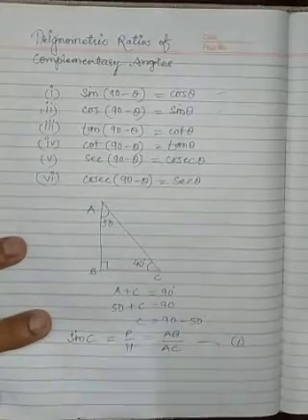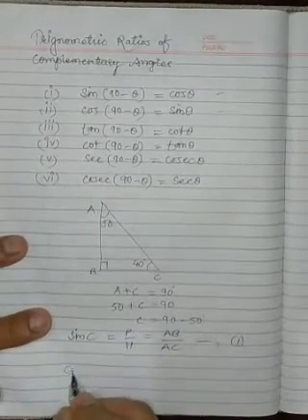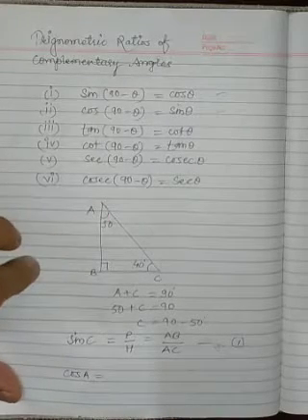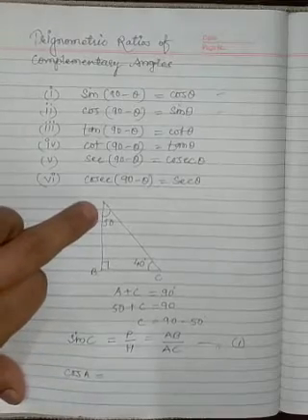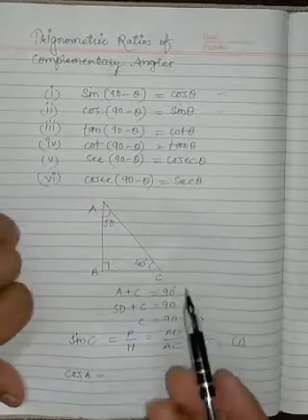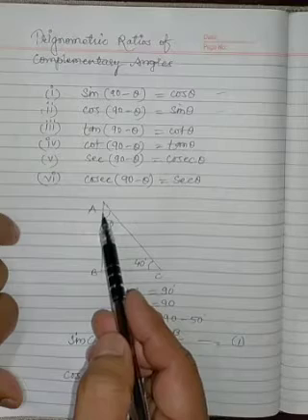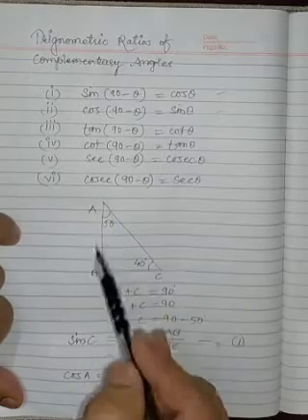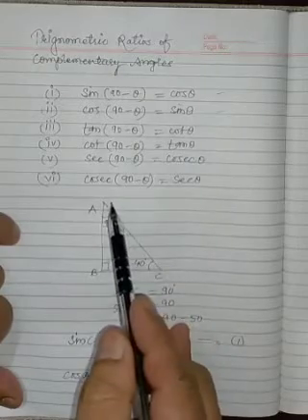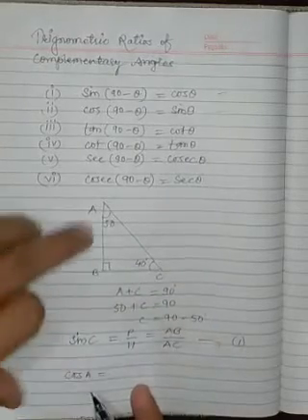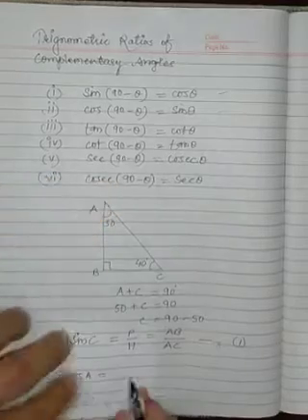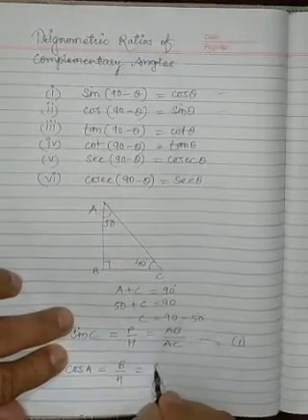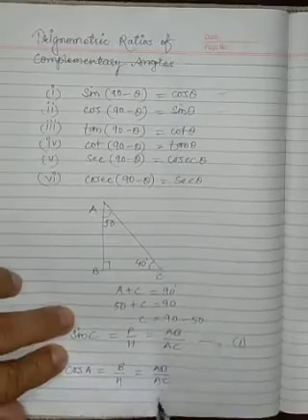And for the base angle A, cos A, I am finding cos for this base angle A. I hope you have understood that whenever we have to convert the vertical angle, we rotate the triangle in which perpendicular becomes the base and base becomes the perpendicular. So cos A will be equal to base upon hypotenuse is equal to AB upon AC.